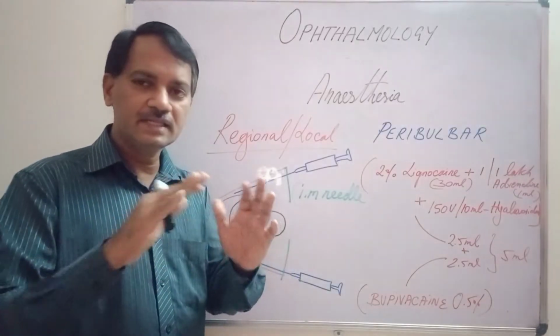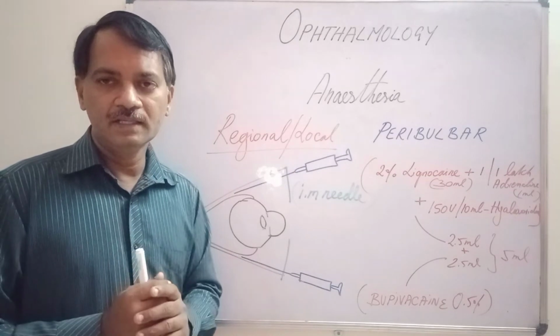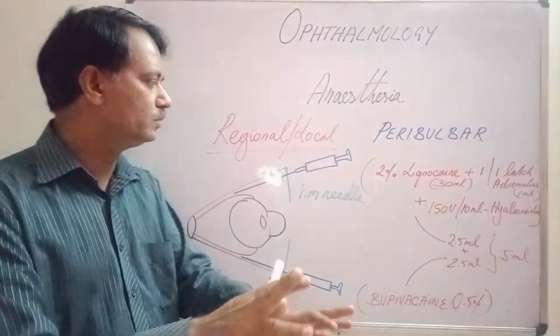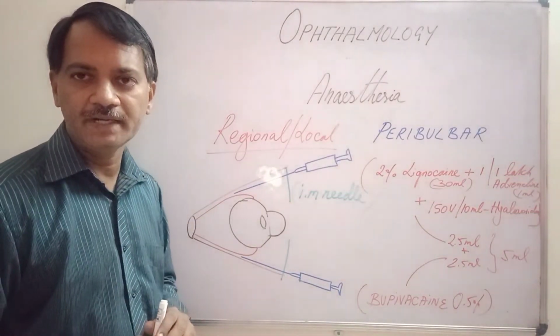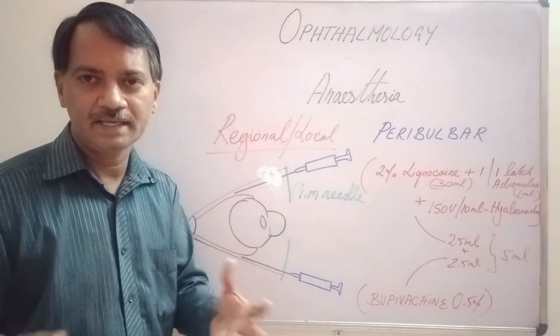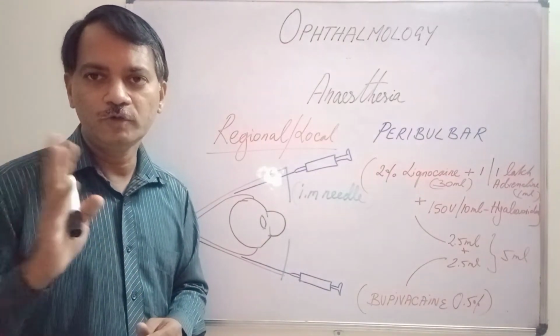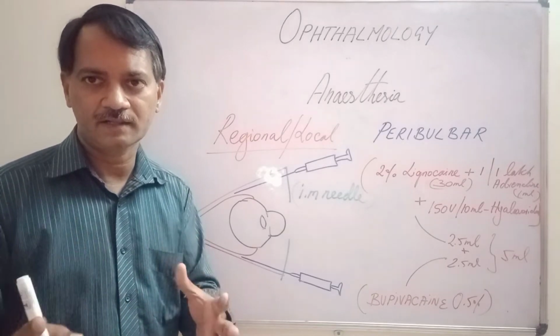This anesthetic agent has to slowly spread in the peribulbar area and infiltrate into all the structures of the orbit to make them anesthetized. It will take roughly 5 to 10 minutes for this anesthesia to take effect.